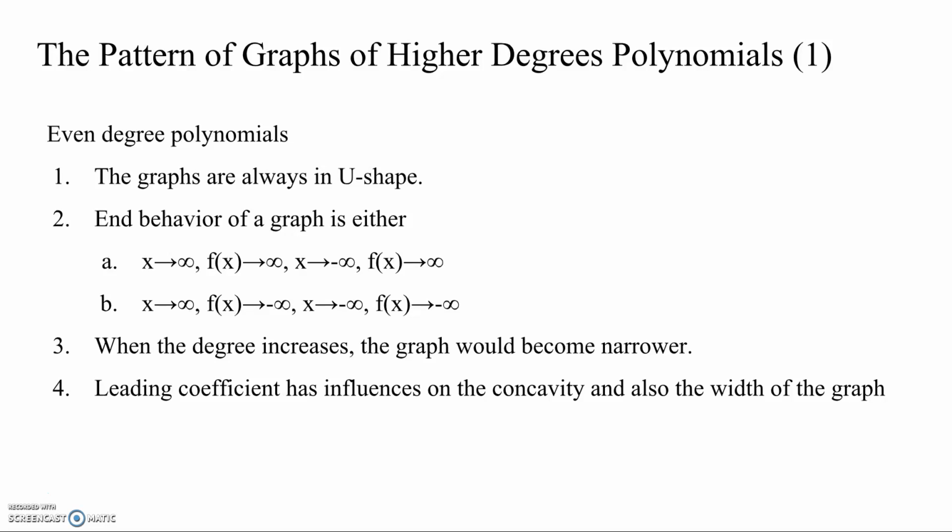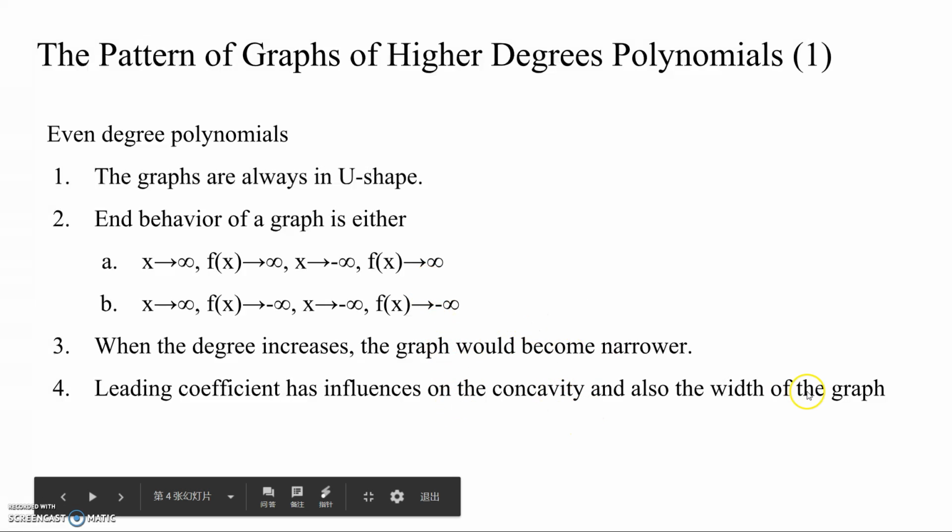And when the degree increases, the graph will become narrower. And at last, the leading coefficient has influences on concavity and also the width of the graph. However, these 2 points about the width of the graph are not going to be the same.